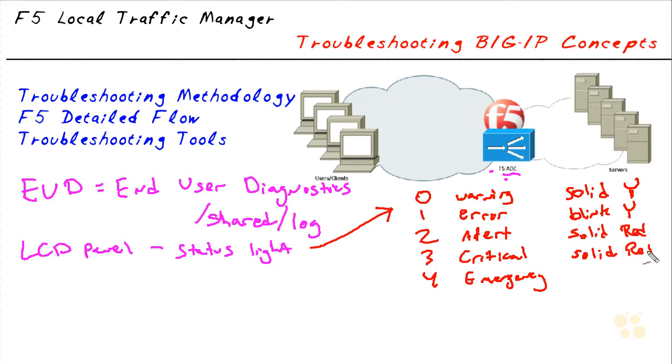They're going to be a red light, but it'll be solid, and emergency is going to blink red. So I'll know exactly what's going on, even if I'm just walking by and looking at it. If you see any of these things, it's at least telling you there's something worth looking at. Make sure that we understand those things.